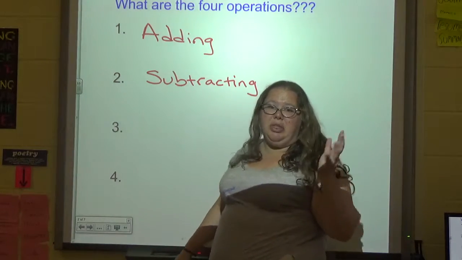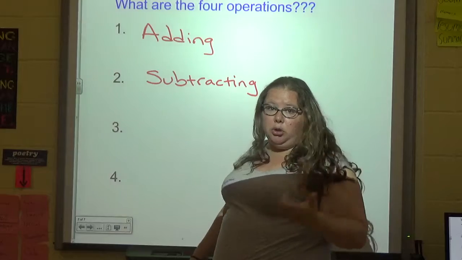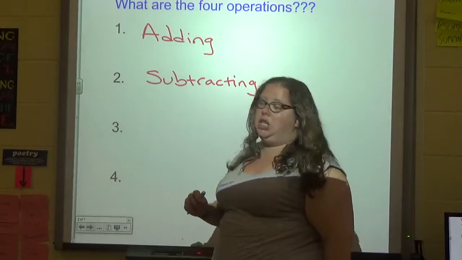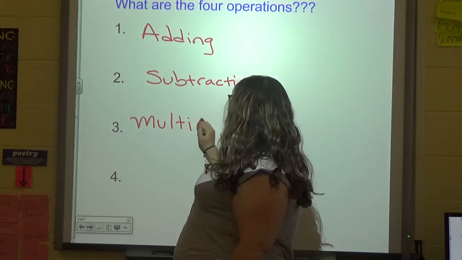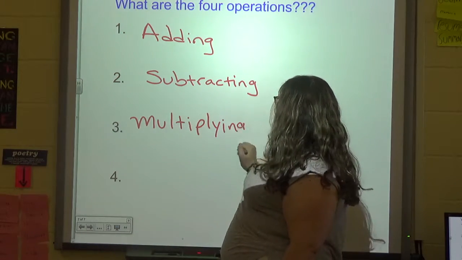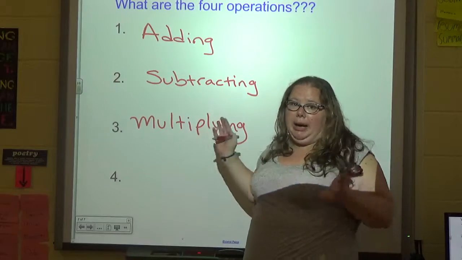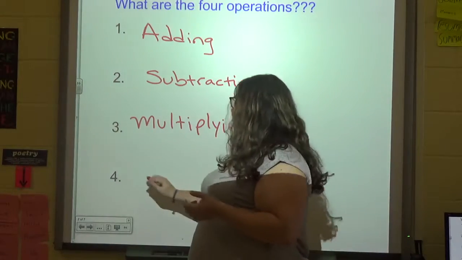Around third grade or so, we start to learn multiplying, which is just repeated addition. And lastly, of course, we do the opposite of multiplying, which is dividing.